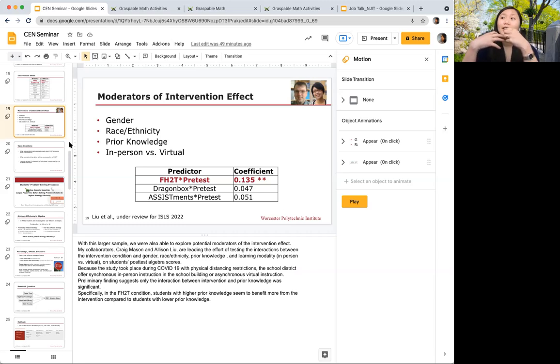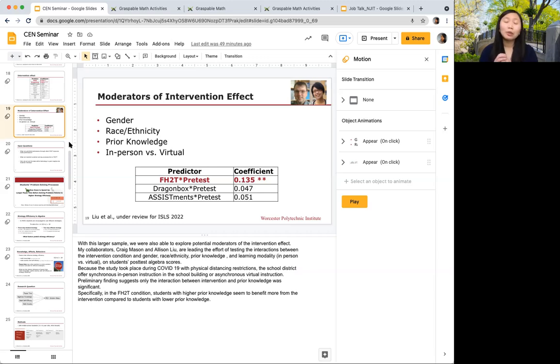And so we think that the focus of the game may help the students who already have some conceptual understanding or procedural knowledge to further develop their strategy, flexibility, and efficiency. And so I think that combining the focus on the notation and the focus on the strategy may make From Here to There particularly beneficial for students who already have some knowledge.